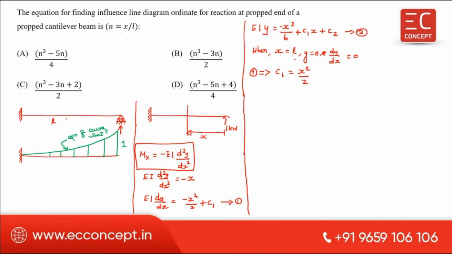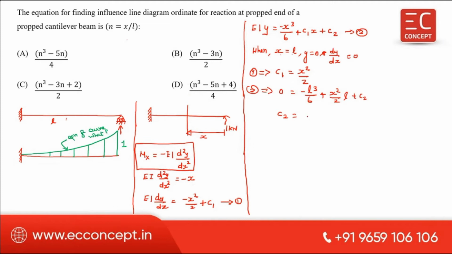Similarly, equation 2 implies this is 0. So you will get 0, which is equal to minus x cube divided by 6 plus C1, L square divided by 2 into x, plus C2. Here also x equal to L, so this is L cube.